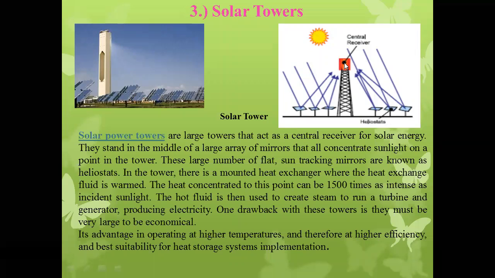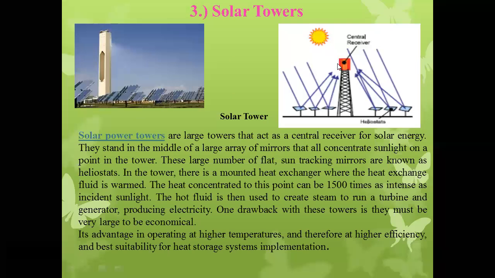In the case of the parabolic disc collector, it is a focal point, or the central receiver or the absorber surface. Similarly in this solar tower, this acts as a heat exchanger, where the heat will be exchanged between the solar radiation and the working fluid.